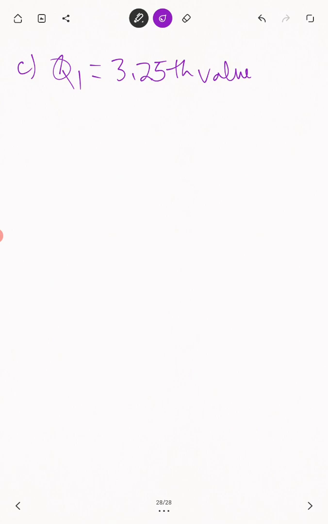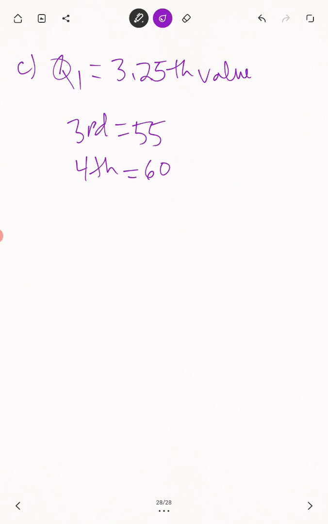The third value in the data set, let me just go back. So the third value is 55, and the fourth value is 60 when you order them from least to greatest.